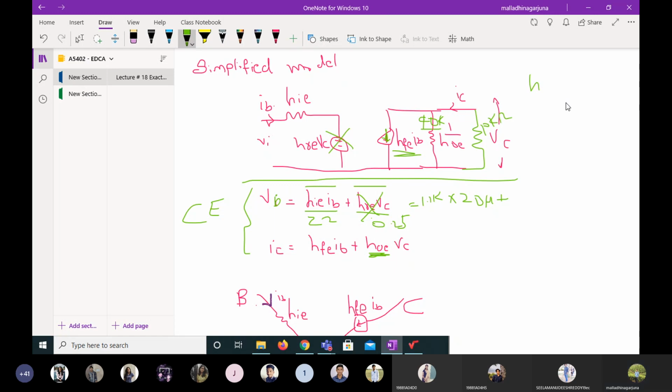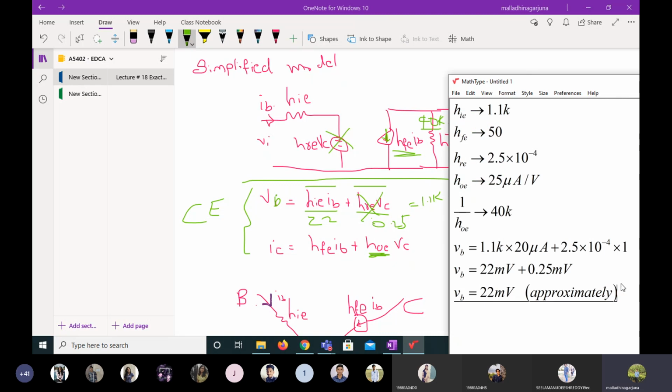If you calculate, 40 into 10, 400 by 50, that is 8k. So that is approximately equal to 10k only.